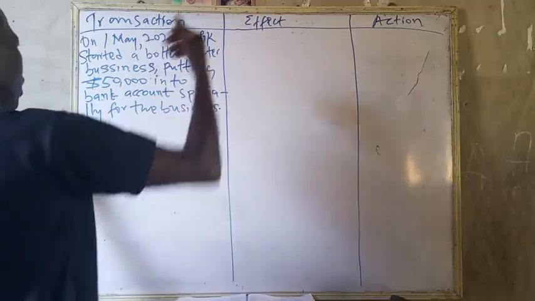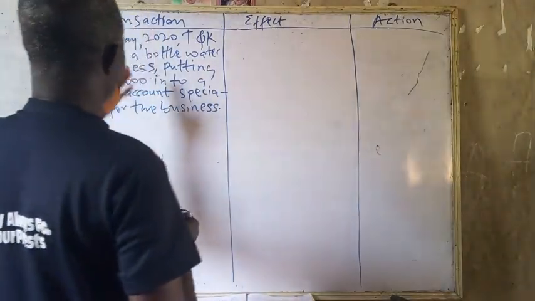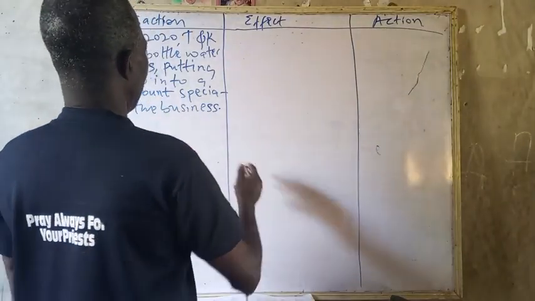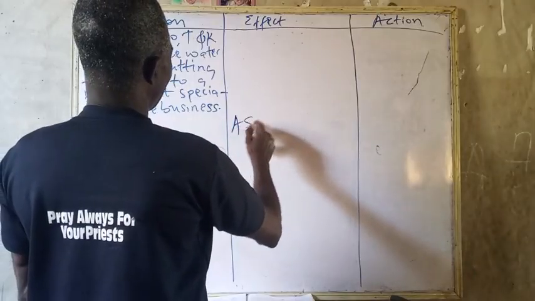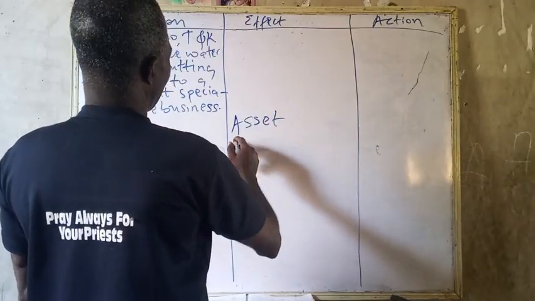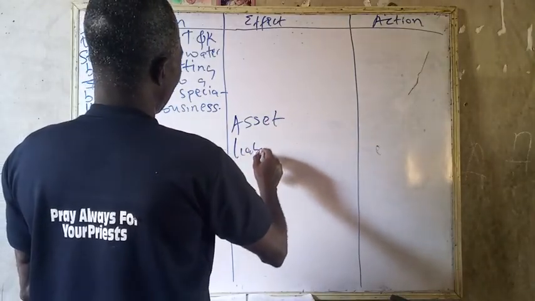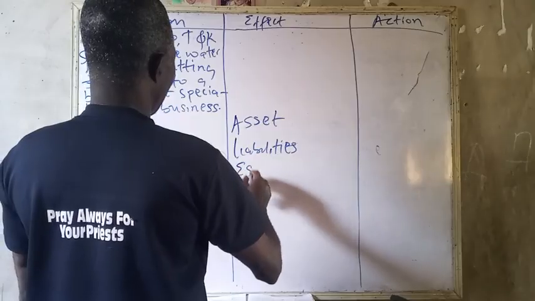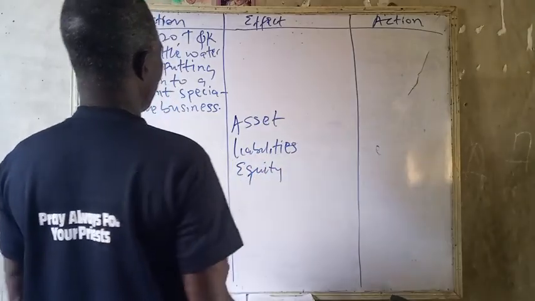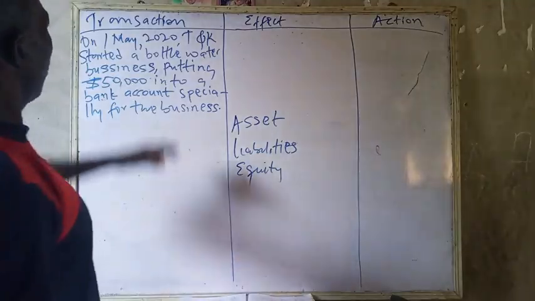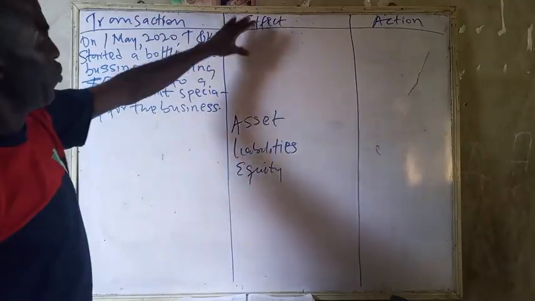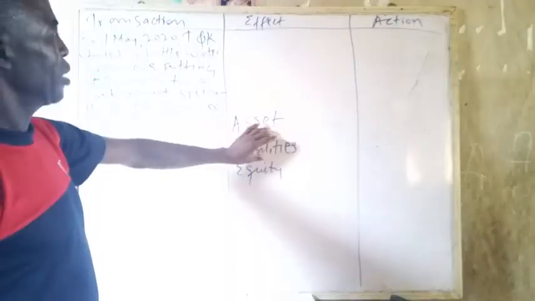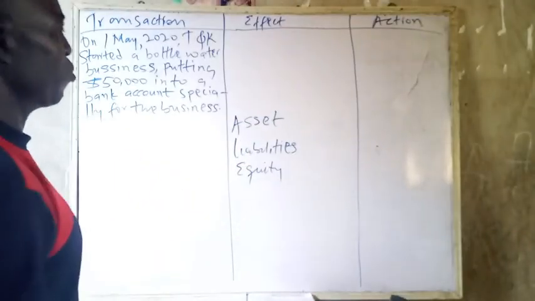What are these involved? In the beginning of the video, we said we are going to cover assets, liability, and equity. So all these effects of this transaction are going to cover assets, liability, and equity.